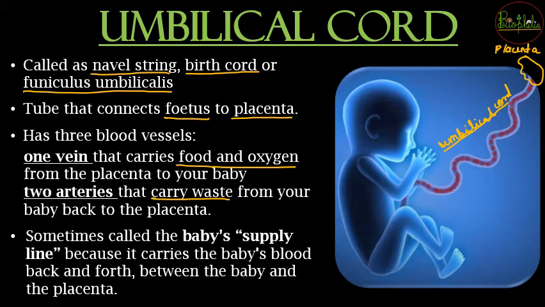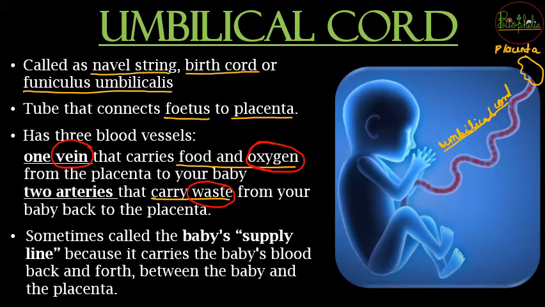So now here you need to remember कि यहाँ पे जो vein है, the vein is going to carry oxygen. Not to get confused, जो vein है that is moving through the umbilical cord, that is going to carry food and oxygen, whereas the arteries are going to carry waste. So that needs to be remembered.